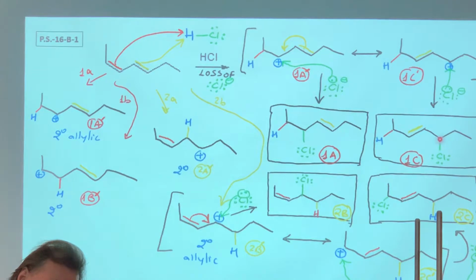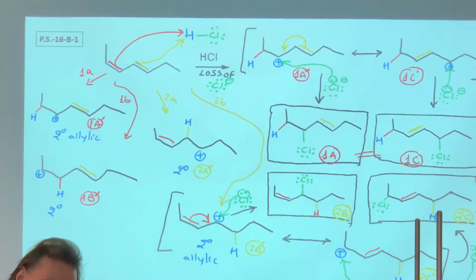So it's 1, 2, 3, 4, 5, between the 4th and 5th. And when you name it, you prefer to give the double bond priority. So 1, 2, 3, 4 is the double bond, 5 is the chlorine, 6 and 7. So 1A and 1C are the same, identical.